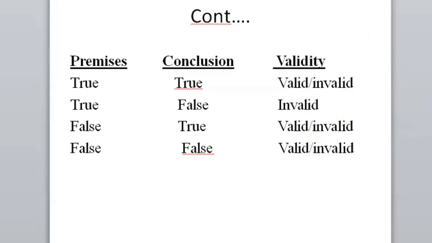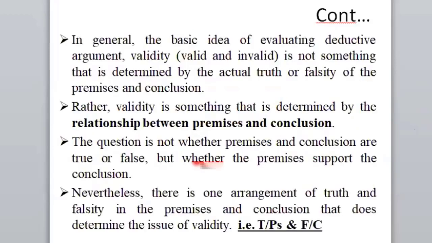We'll look at how it becomes valid and how it becomes invalid, having these possibilities. But in general, we can say that the basic idea of evaluating a deductive argument, that is its validity and invalidity, is not the actual truth value or falsity of the premises and the conclusion. Rather, the most important thing in evaluating deductiveness is the relation between the premises and the conclusion.